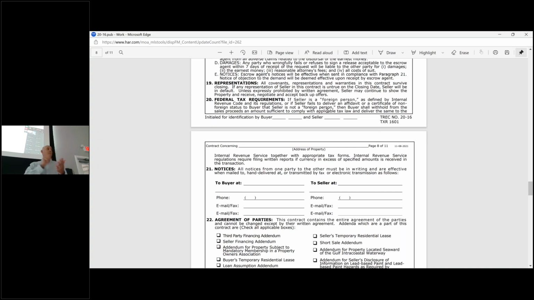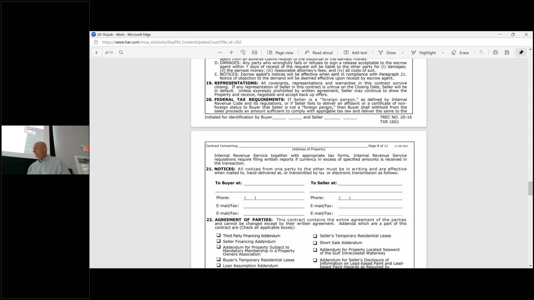If they are a foreign person, then the title company will escrow funds from the transaction to cover any potential future tax liability. If you're a buyer or a buyer's agent, you need to make sure that that's addressed and done, or your buyer could get a very nasty surprise.